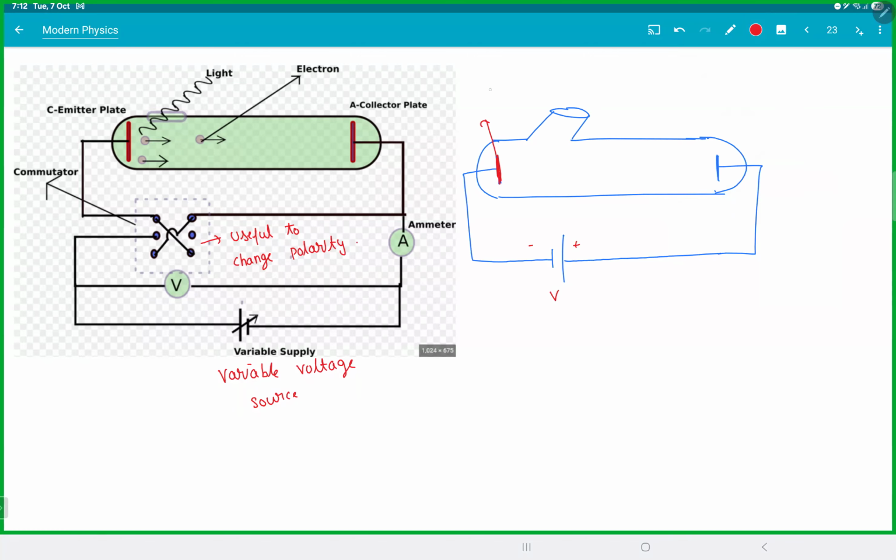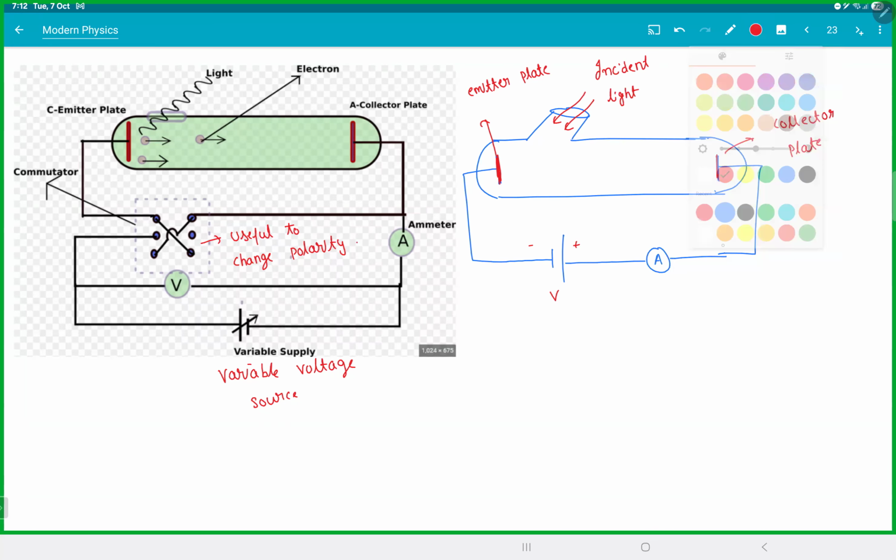This is your emitter plate. This is your collector plate. When light is incident on this, this is your incident radiation. Same picture, I'm just keeping it simple without all that ammeter and everything. You can actually draw an ammeter also, which will measure the current. Let I be the intensity. This light which you are shining, I is the intensity and f is the frequency.